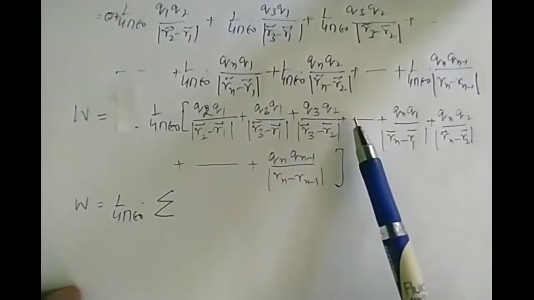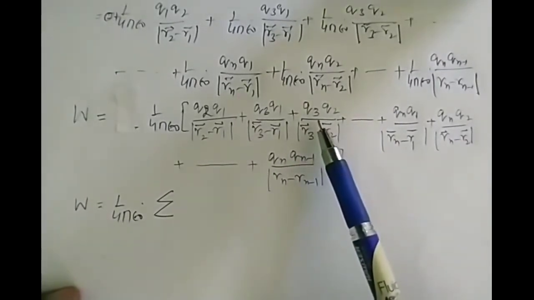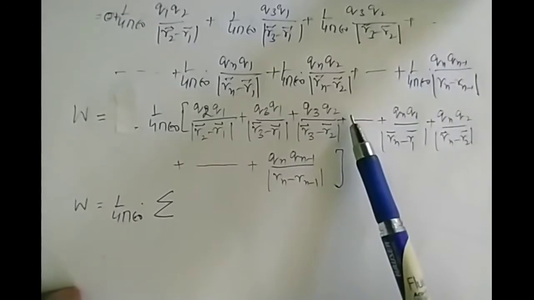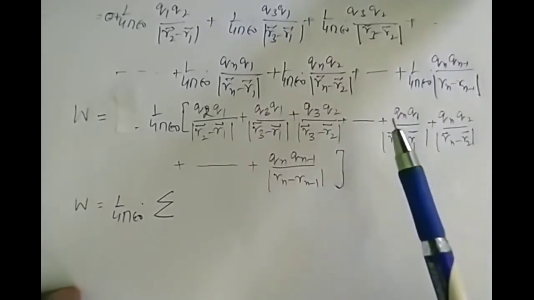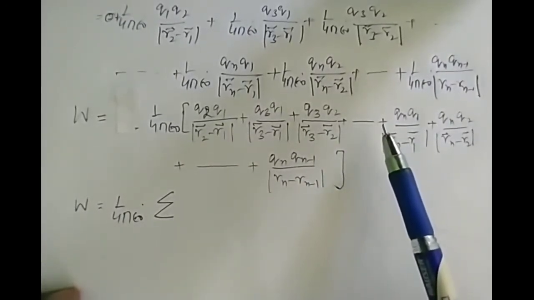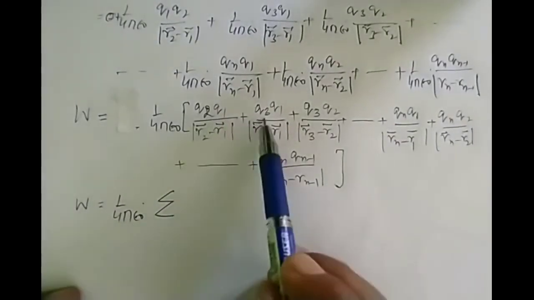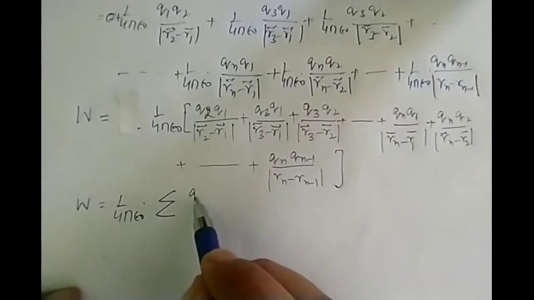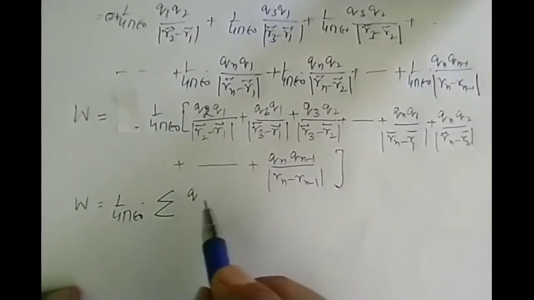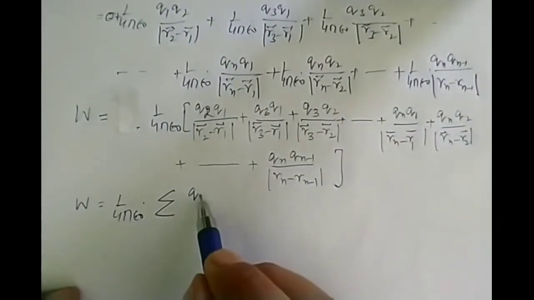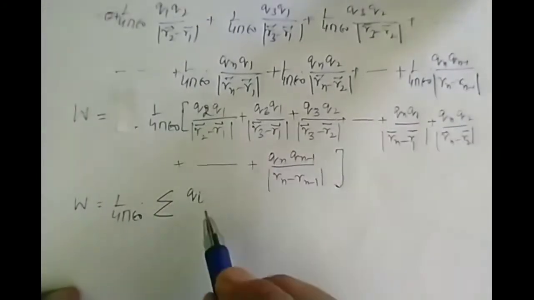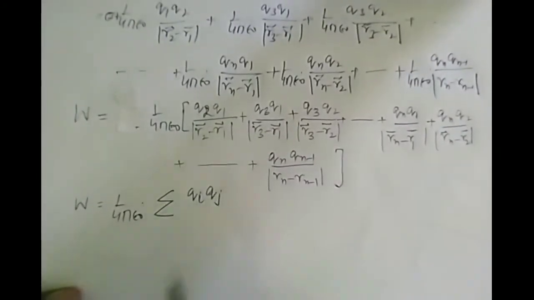If I write the work done for the fourth charge, it will be 4 1, 4 2, 4 3, like this. So here Q is changing from 2 to the nth charge particle, so it is Qi, and the second one I take as Qj.